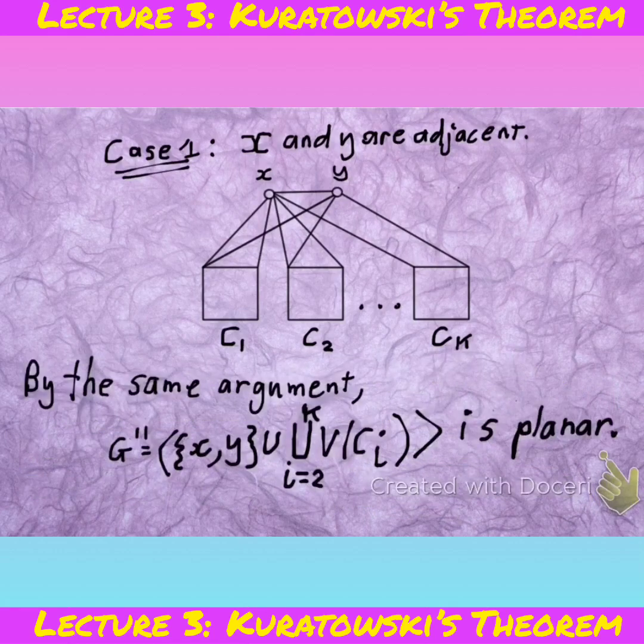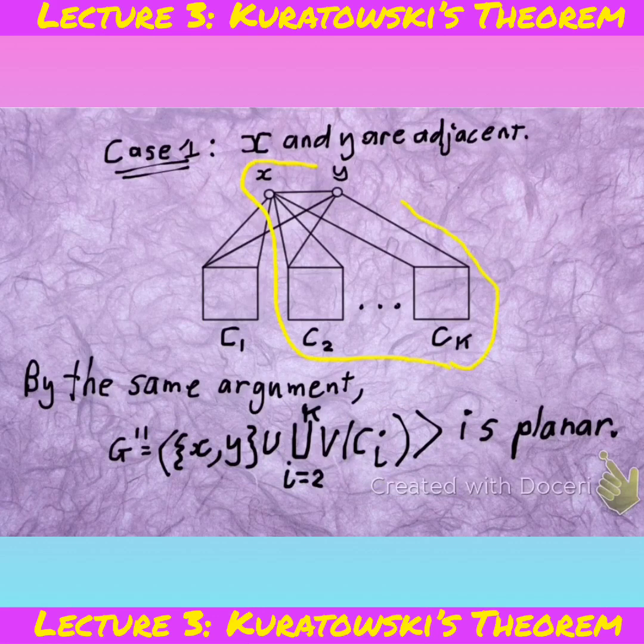Now let's make another observation. Take G double prime. What is G double prime? G double prime is the subgraph induced by the vertices x, y, and all the vertices of the remaining components.